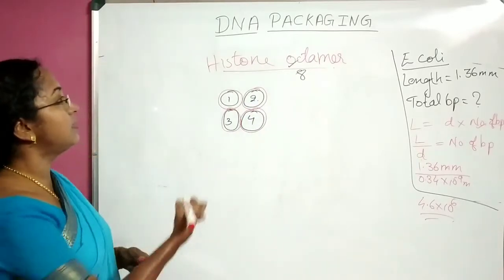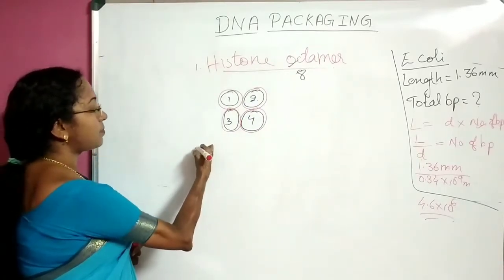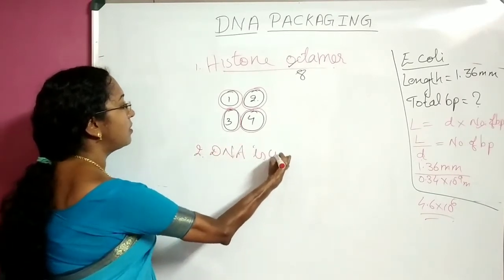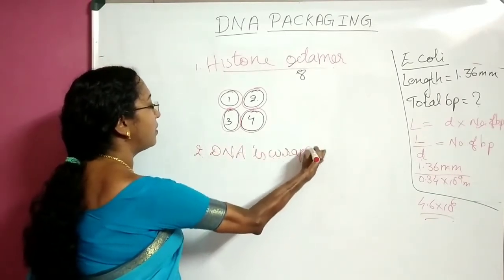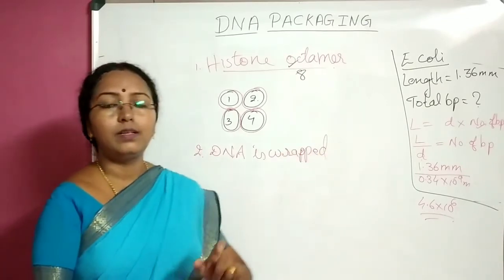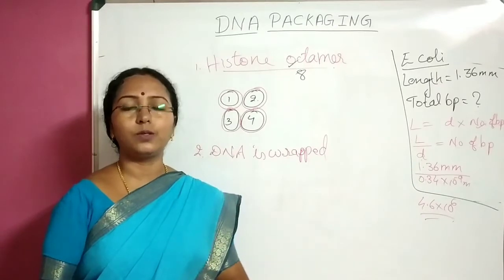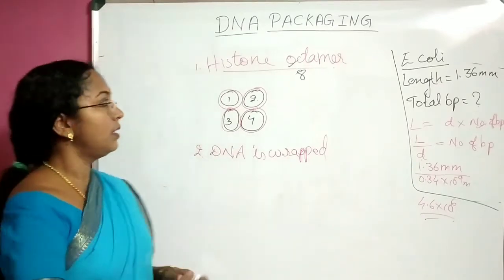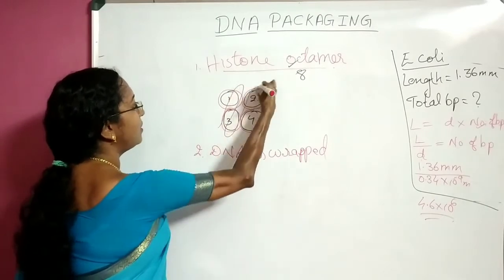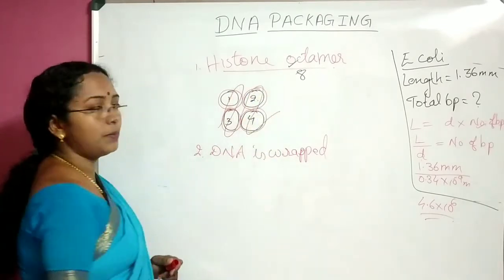Over this histone octamer, DNA is wrapped. DNA is getting wrapped over the histone octamer. See, the DNA molecule gets wrapped like this over the histone octamer.